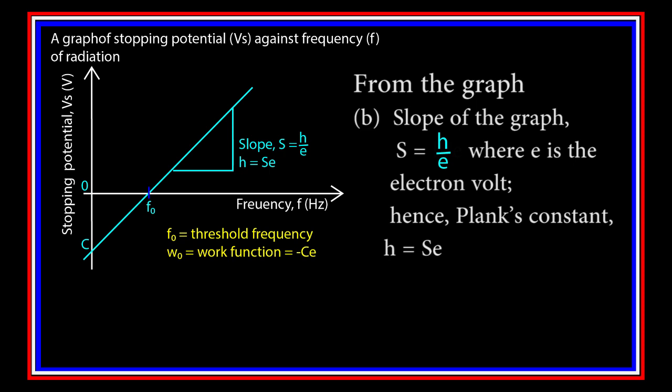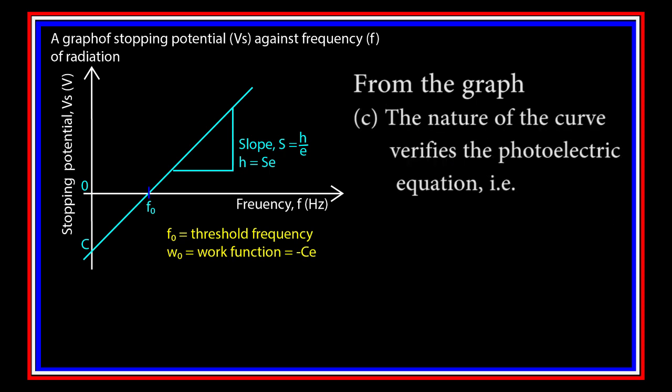Hence, Planck's constant h is equal to S e. C. The nature of the curve verifies the photoelectric equation, i.e. Vs is equal to h over e f minus h over e f0.